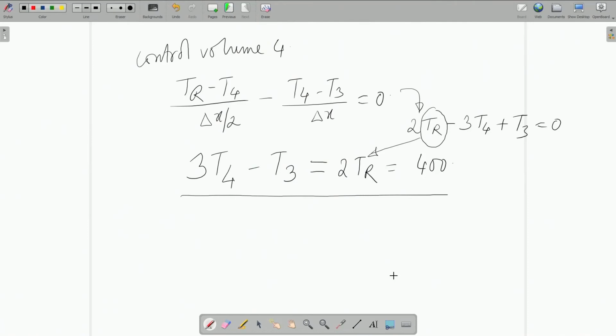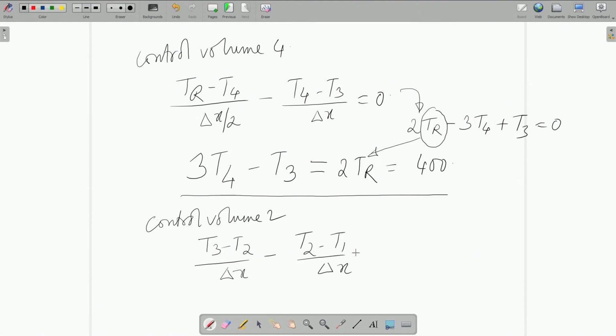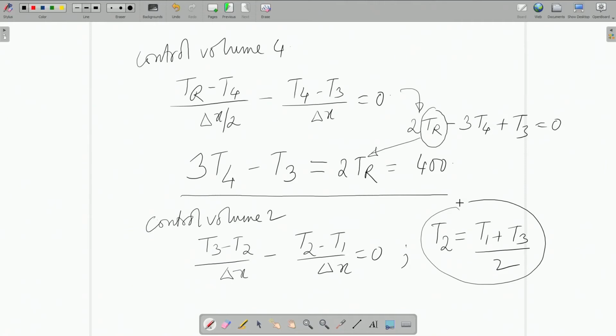So, if you look at control volume 2 for example, the governing equation will look like, and on simplification this boils down to, and this form is somewhat familiar to you, because you saw such equations in the finite difference formulation also. So, we are done with 1, 2 and 4.